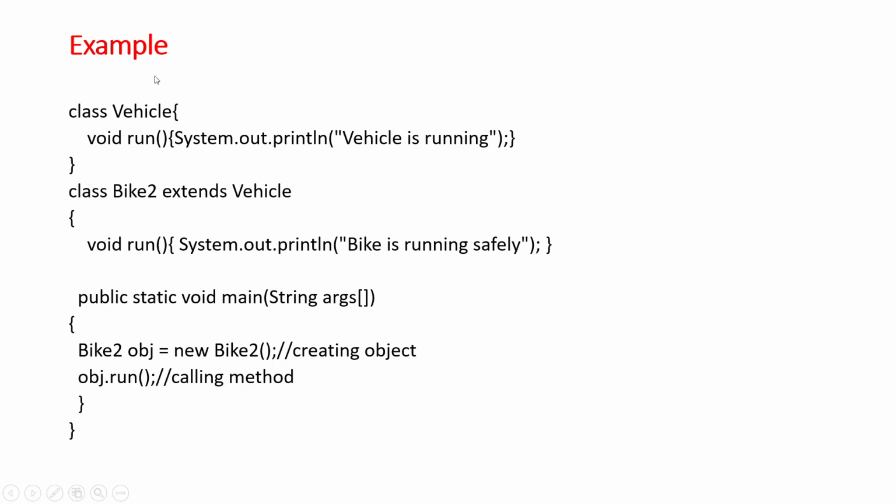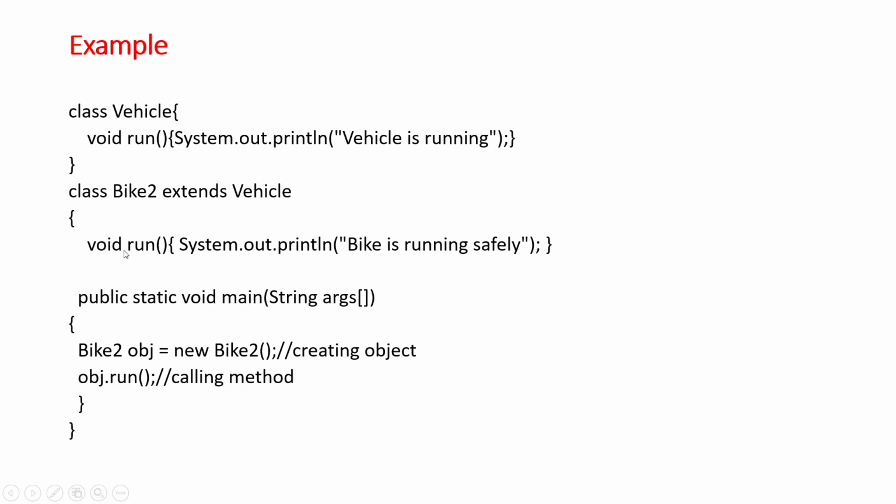So here is the example of method overriding. Here is a class Vehicle. This is our parent class. In that parent class, there is one method named run, and inside that method we simply print that the vehicle is running. The second class, the child class, is Bike2, which extends the parent class. It is a child class which uses the characteristics of the parent class.